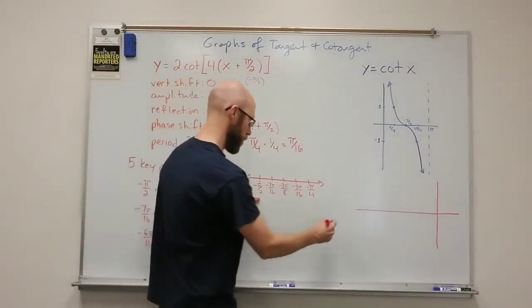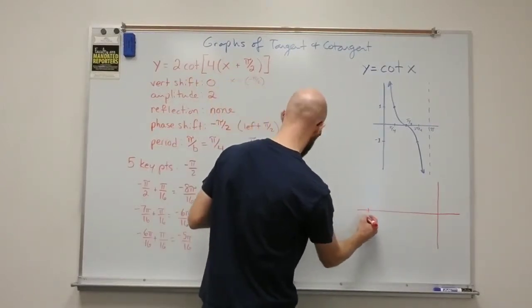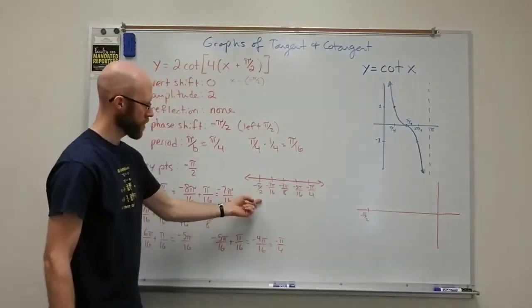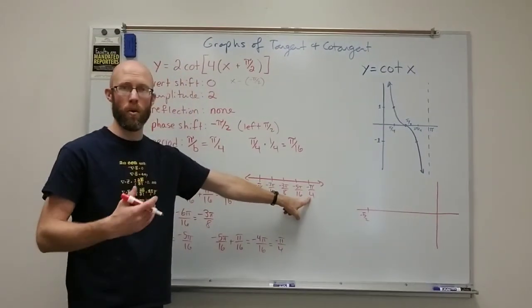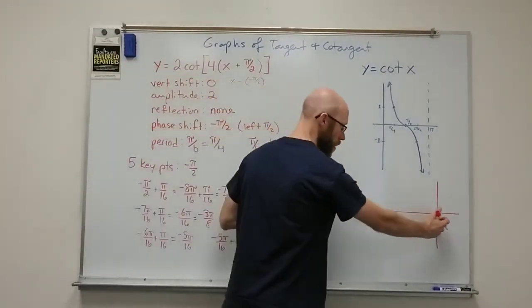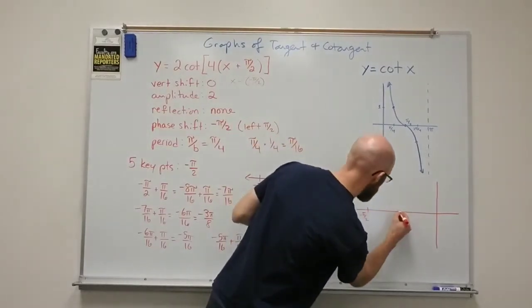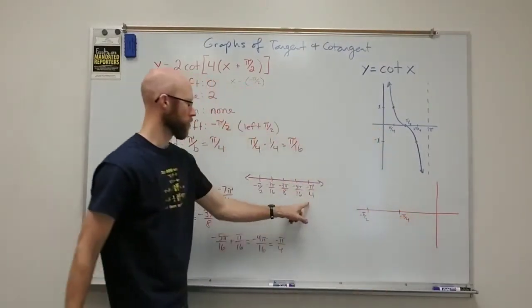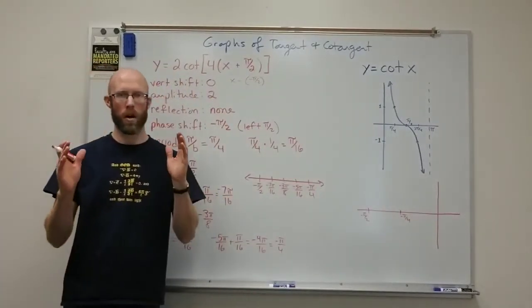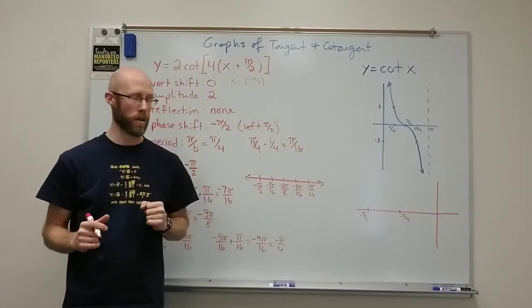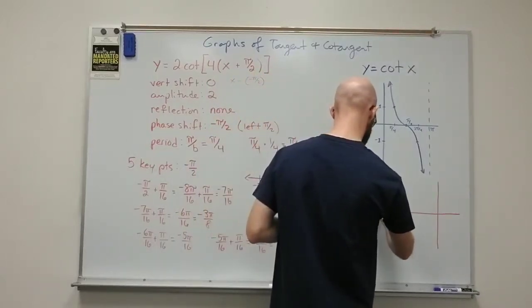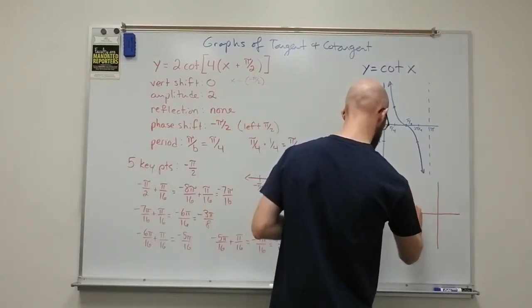So I'm going to put maybe my negative pi over 2 way out there on the left. My negative pi over 4 is half the distance from the y-axis to negative pi over 2. So there's negative pi over 4. So my whole period is going to be between those two marks. I'm going to go ahead and make those two my vertical asymptotes.